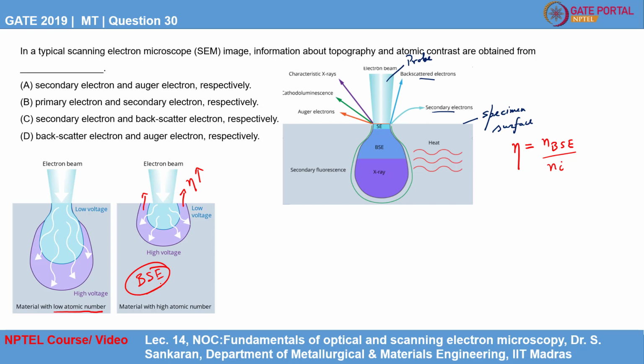On the other hand, the electrons emitted from a surface which is not facing the detector will reach the detector with difficulty, and hence the corresponding sites in the image will appear darker.